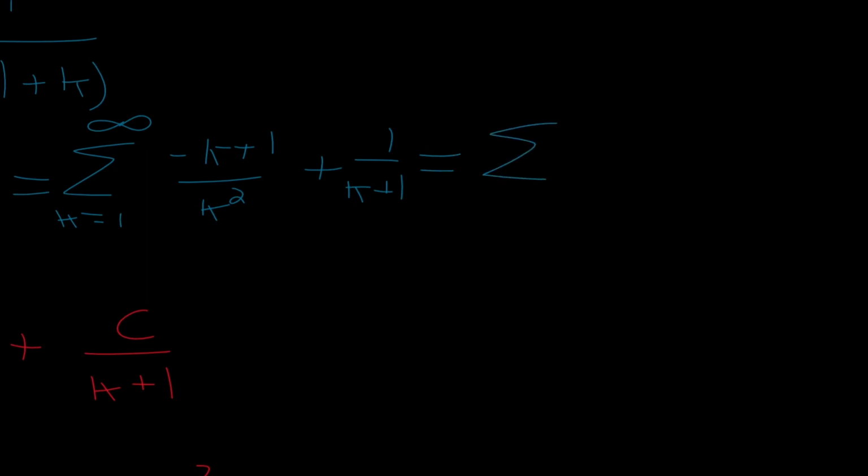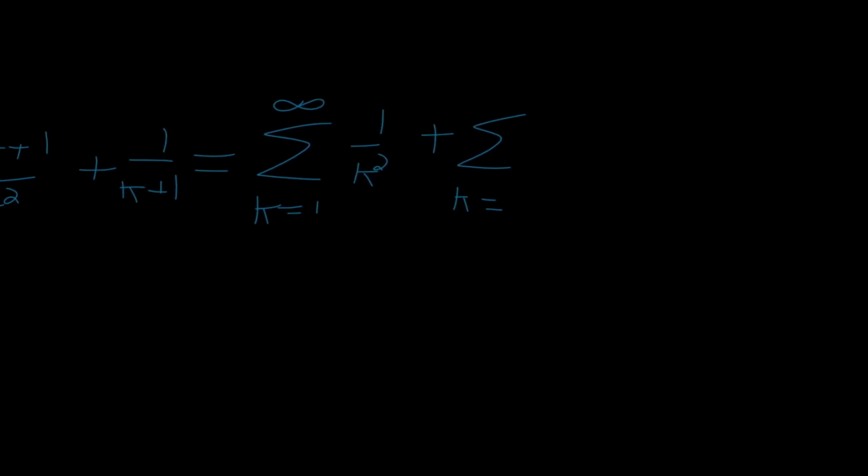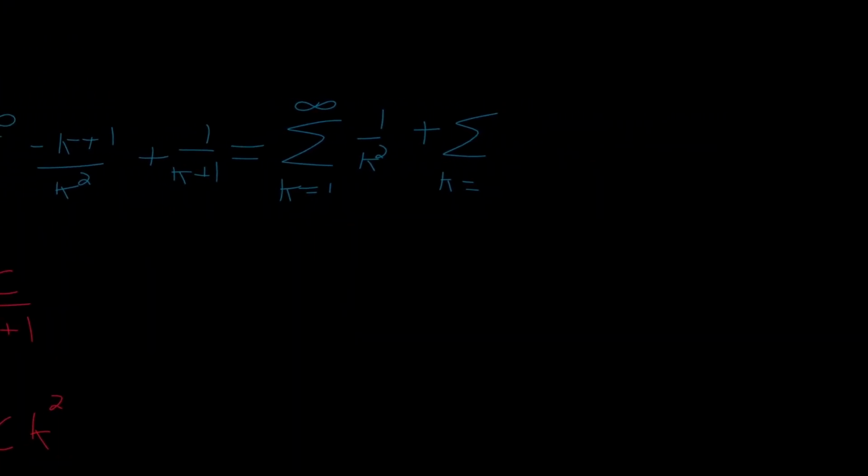So we say this is the sum from k equals 1 to infinity of 1 over k squared, and we can evaluate that. But then we also have plus the sum from k equals 1 to infinity still, of course, of 1 over k plus 1, but then minus this 1 over k term, because the exponents here are going to cancel a little bit.